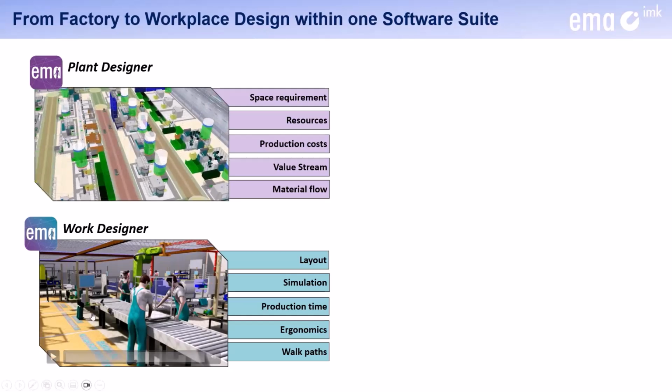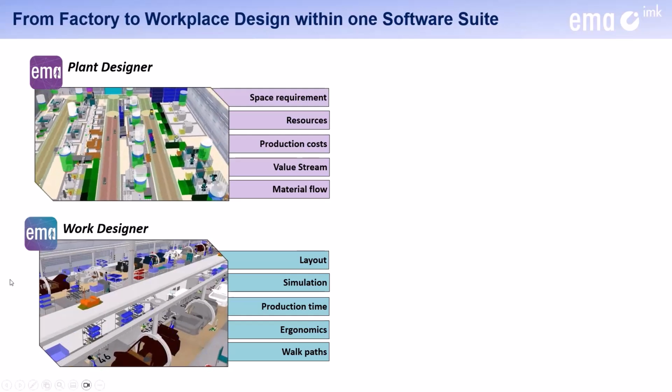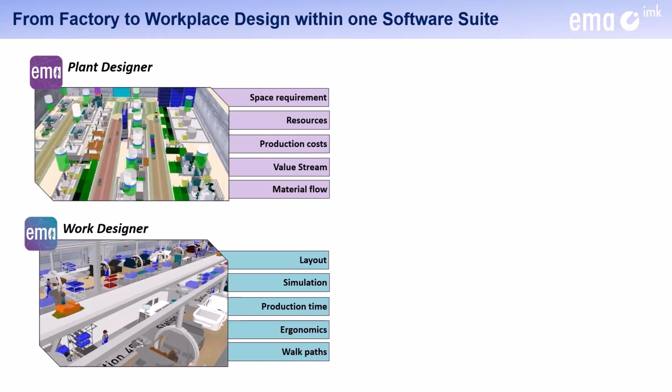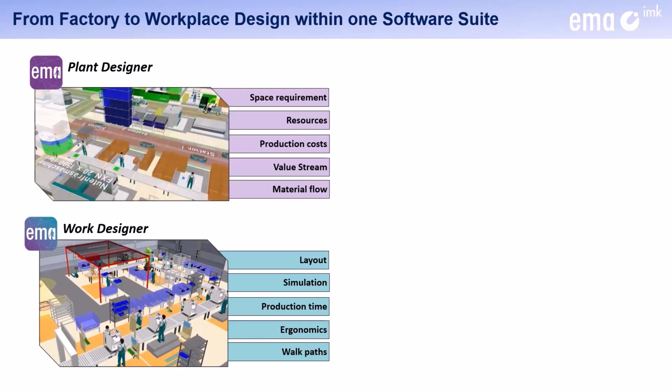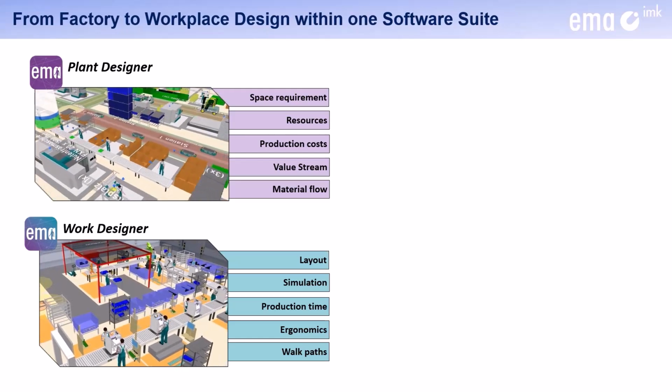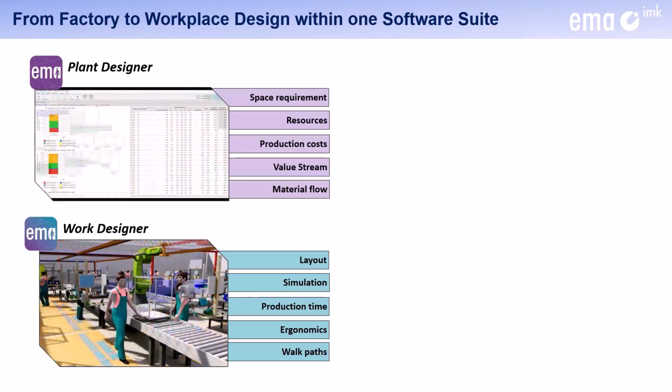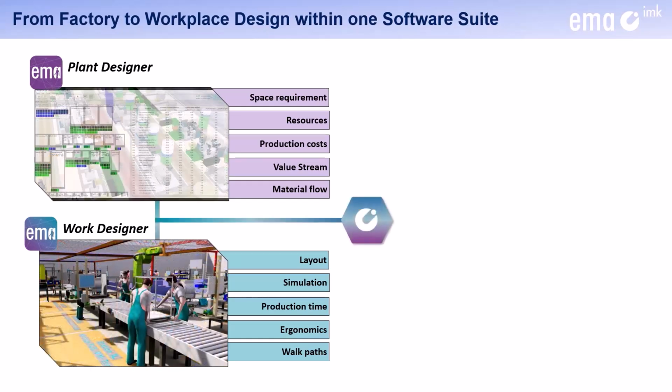But when it comes to workplace design, production lines, production areas, machinery, and equipment, we use our EMA Work Designer on the micro level, the workplace level, with layouting, simulation, production times, ergonomics, and so on. And both are connected in the EMA Software Suite.